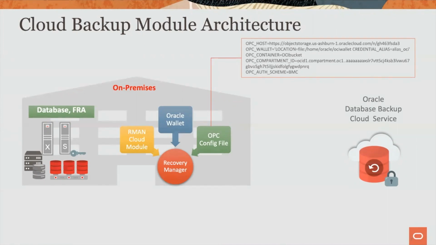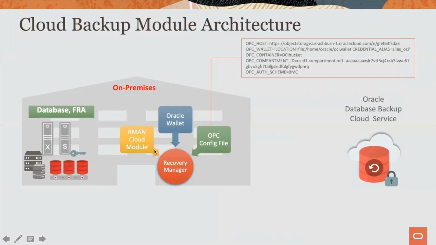You specify the user private key, and the public key fingerprint associated with it. You specify the tenancy OCID, the user OCID, the compartment OCID if you want, and the bucket name. The bucket can exist, or if it doesn't exist, the installer will create it for you.